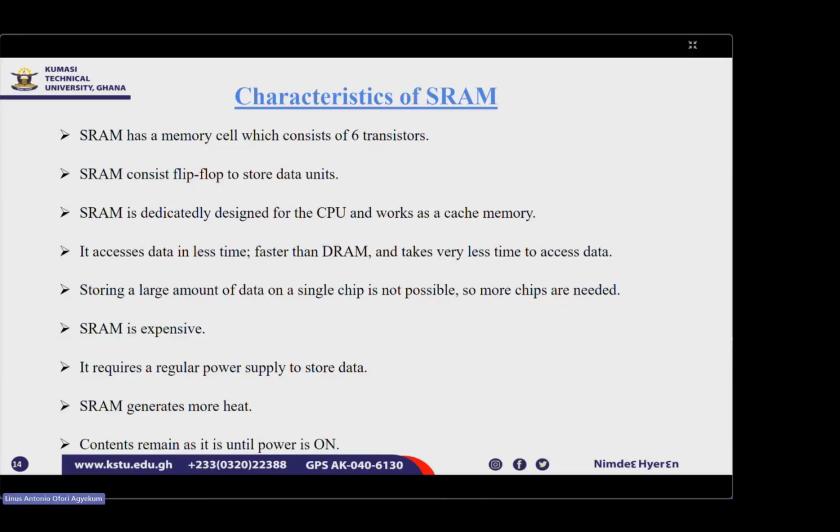The SRAM is dedicatedly designed for the CPU, and it works as a cache memory. It is faster than the DRAM, and it takes less time to access data.